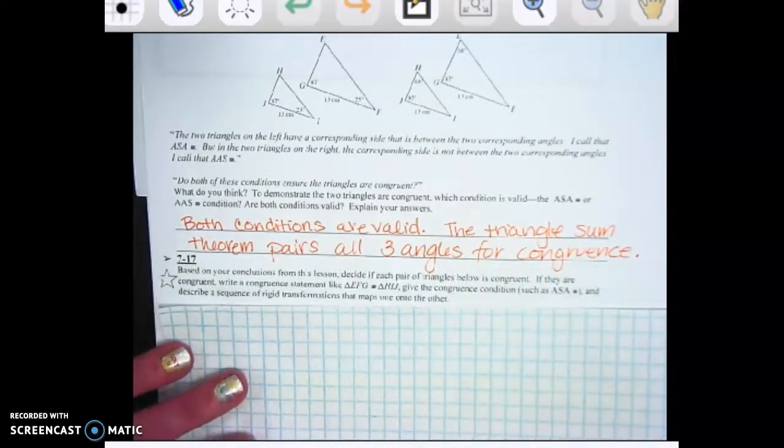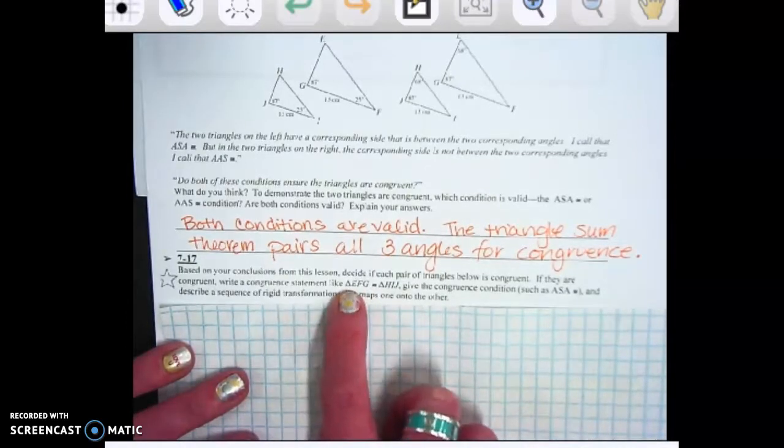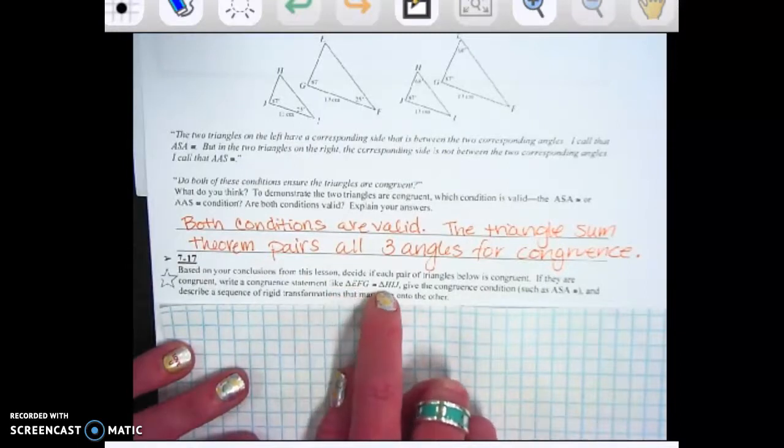All right? Part 17 says, based on your conclusions from this lesson, decide if each pair of triangles below is congruent. If they are congruent, write a congruent statement, and it should look like this: triangle EFG is congruent to triangle HIJ.